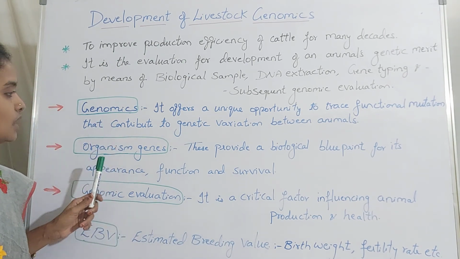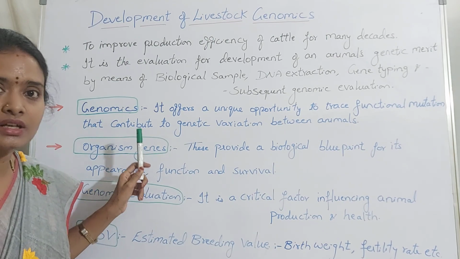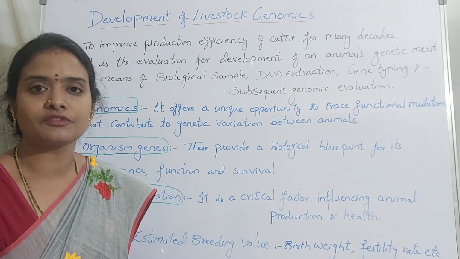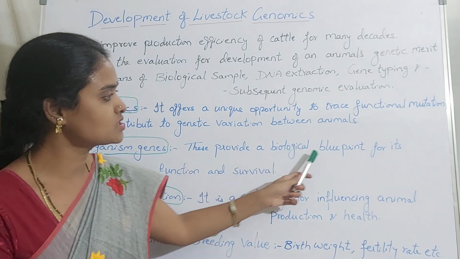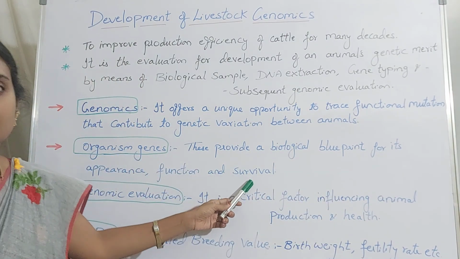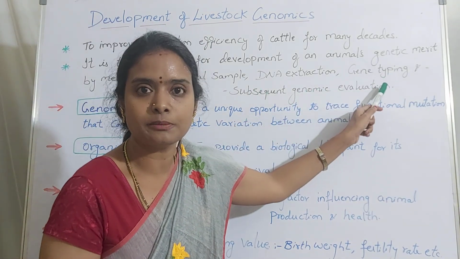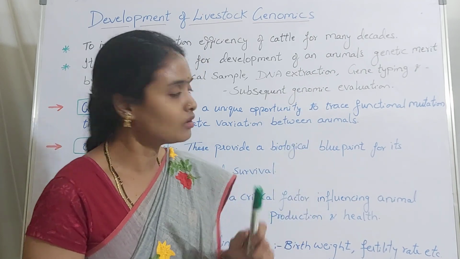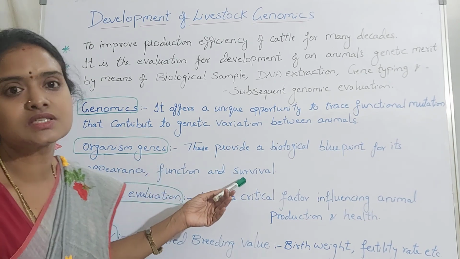Then next is the organism's genes. Again, each and every gene will imply a biological character, the phenotypic character or the appearance, right? So these provide a biological blueprint for its appearance, function and survival. So when you go for this complete chart, the gene typing, if that particular gene is present in that group of animals, then all of them will have the same appearance or function or survival, right?